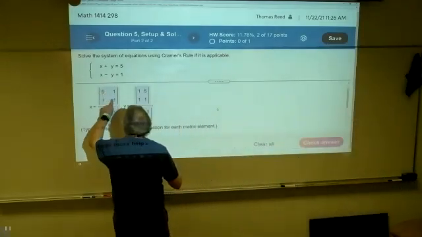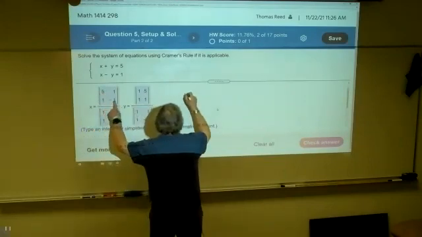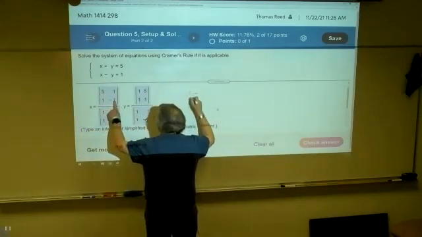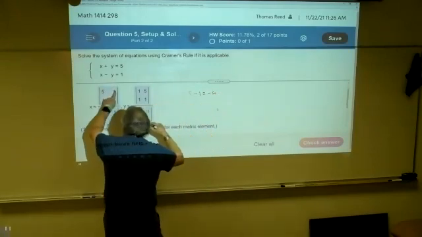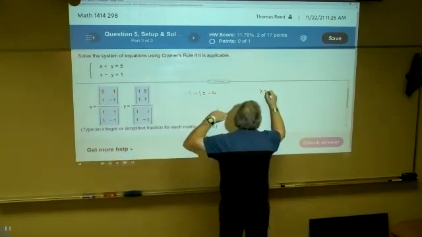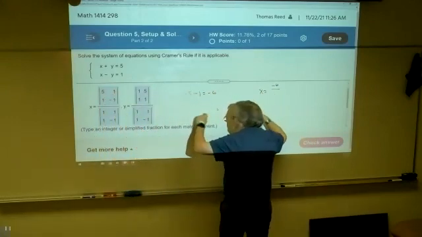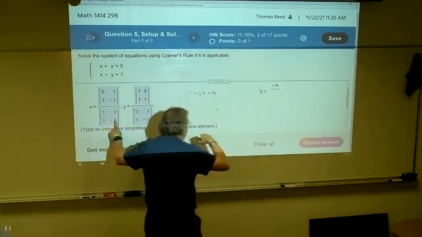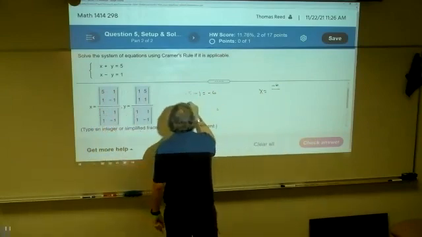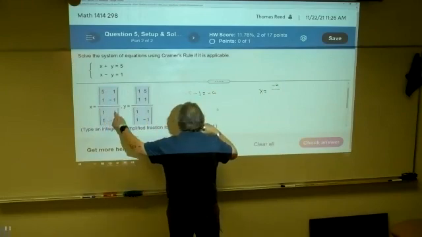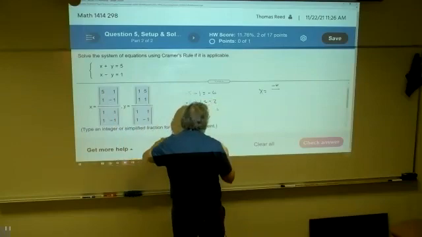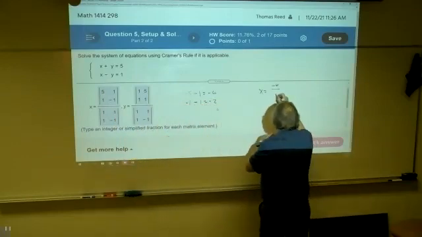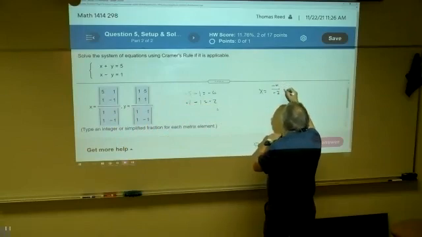So my numerator here is 5 times -1, which is -5, minus 1 times 1. So this is a -6. So x equals -6 divided by 1 times -1, which is -1, minus 1 times 1, which is 1. So this is -1 minus 1, which is a -2. So we have -6 divided by -2, which is 3.